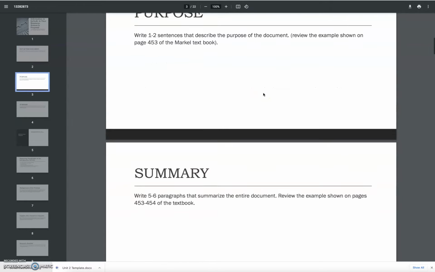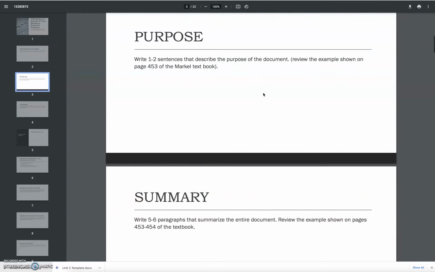So starting with the purpose, that's the top of the document. The next part will be the purpose. In the purpose section, you're going to write 1 to 2 sentences that describe the purpose of the whole document. If you have read the Unit 2 assignment description, you know that the purpose is to solicit approval to research which laptops your business should buy for the 10 new employees.